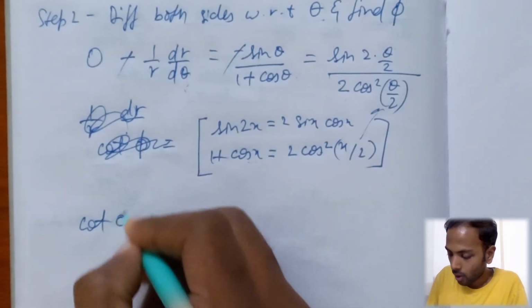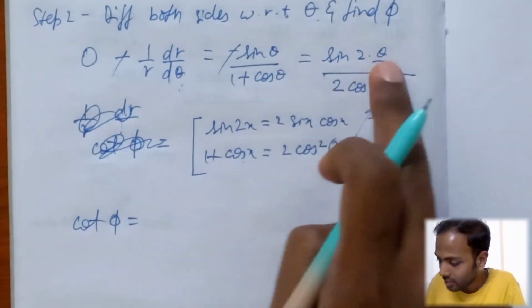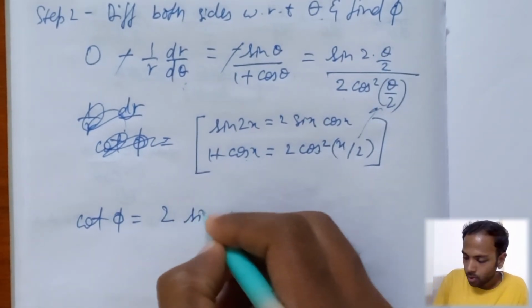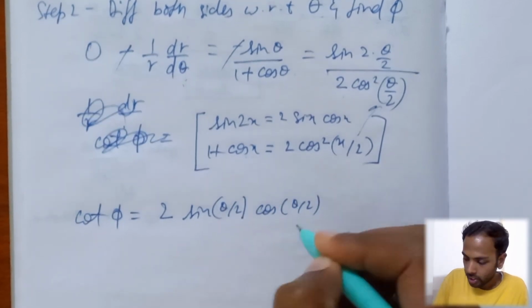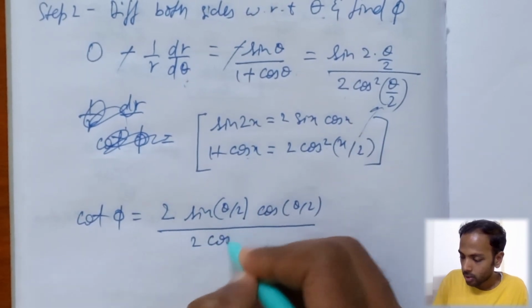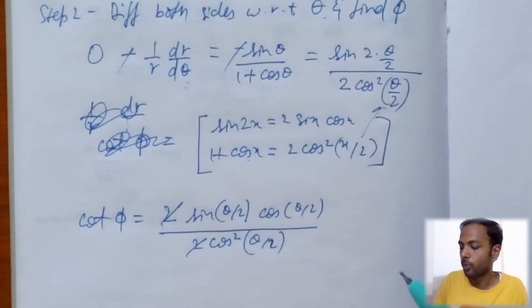Now, finally, cot phi is equal to apply sine 2x formula here. x is theta by 2. Okay. So you will get 2 into sine theta by 2 into cos theta by 2 by, as it is, this one is same, 2 cos square theta by 2. Denominator is same. Okay. So this 2 and this 2 will get cancelled.